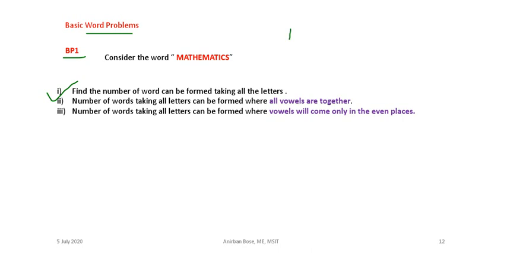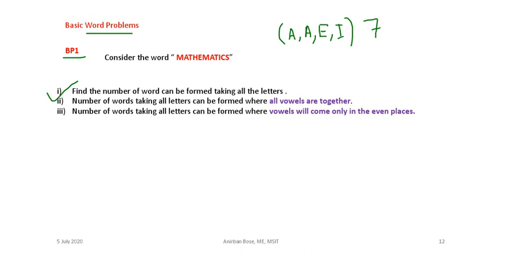You see A. How many A's are there? There are two A's, right? E is there, and I is there. So we can see there are 4 vowels where 2 A's are there, and total there were 11. So other than those, 7 letters are also there, right?